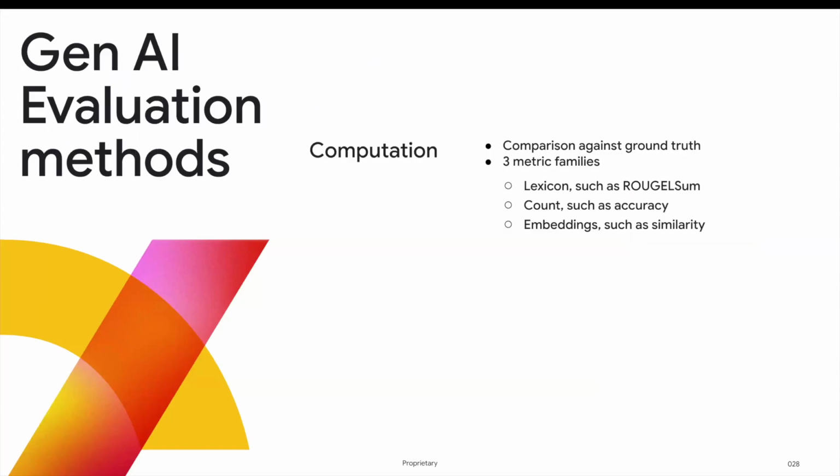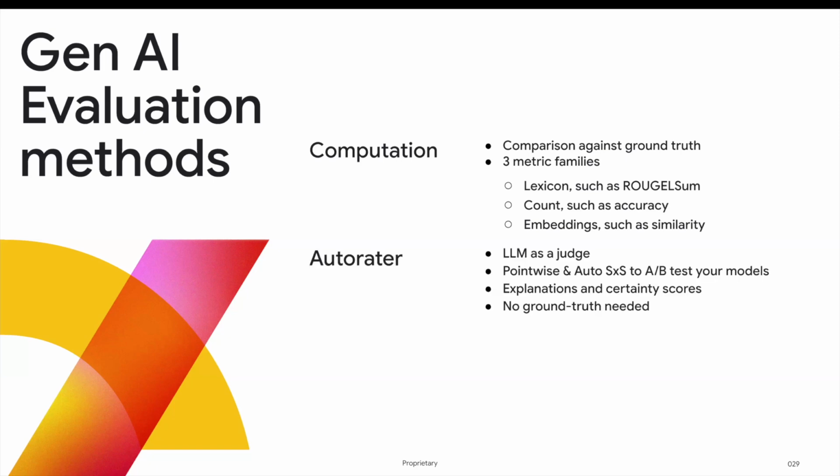One is your LLM generated answer or RAG pipeline retrieved context or whatever it is. On the other hand is your ground truth. So for any kind of computation metric, you need to have the ground truth. And in that case, you can do a bunch of different metrics like lexicon-based, like ROUGE, count-based, such as accuracy, NDCG, recall at K, or embedding-based, where you can calculate semantic similarity as well, right?